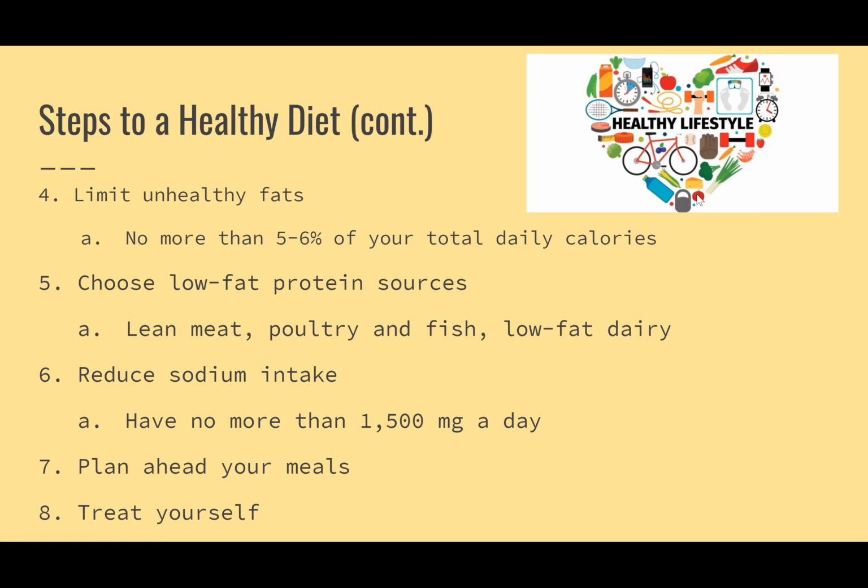Eating a lot of sodium can contribute to high blood pressure and risk for cardiovascular diseases. It's recommended to not have more than 1,500 milligrams of sodium for most adults. And for healthier adults, it's recommended to not have more than 2,300 milligrams of sodium a day, which is about a teaspoon of salt.